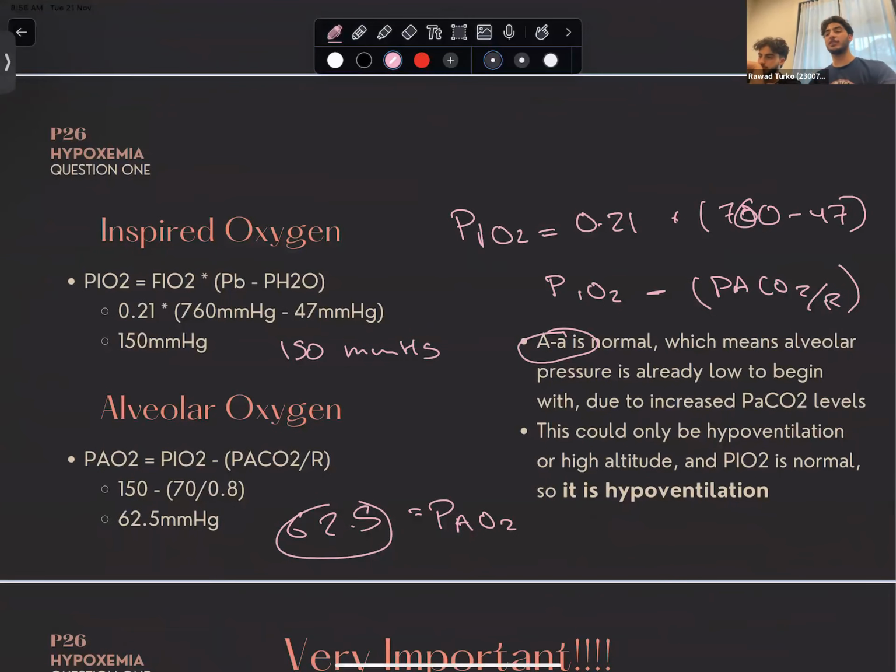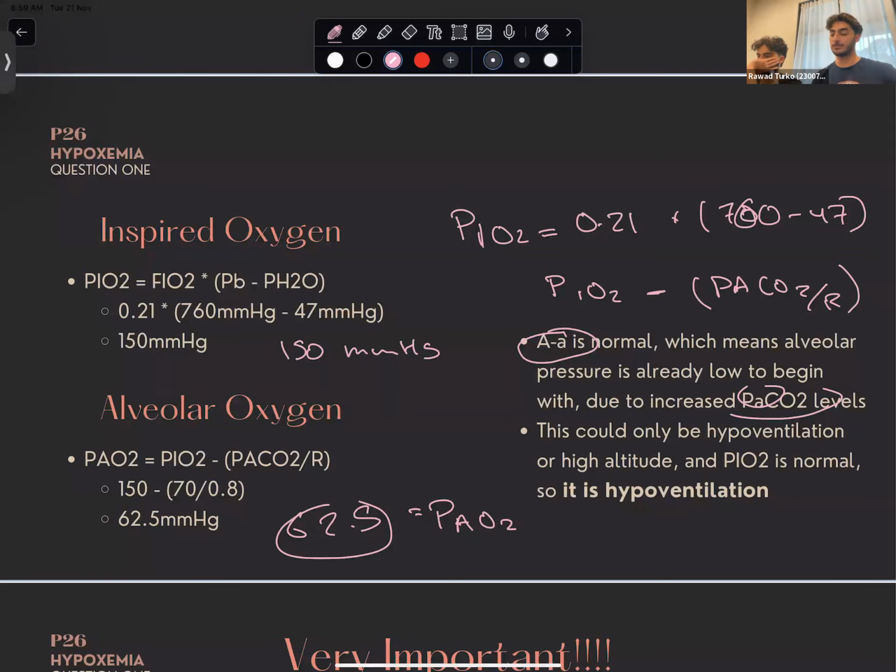So the alveolar minus arterial pressures are normal, which means alveolar pressure is already low to begin with due to the increased PaCO2 levels. The only two things that can give you a normal A-a difference, so an unchanged difference, are what's called hypoventilation and high altitude.